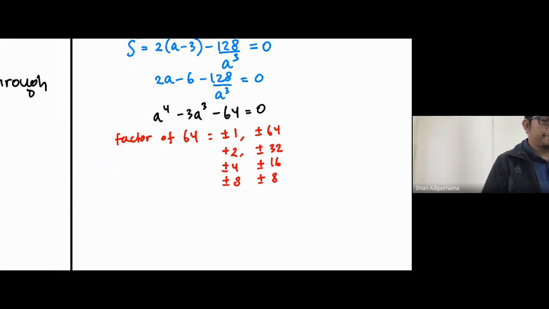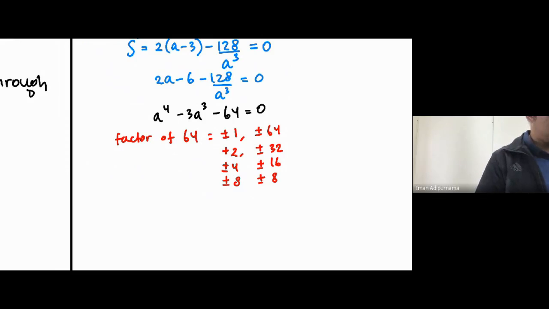Now, we can check the roots. I think at least it will have one positive root and one negative root. So let's check the positive ones. You can see positive 1, if you plug in, is not possible, right?